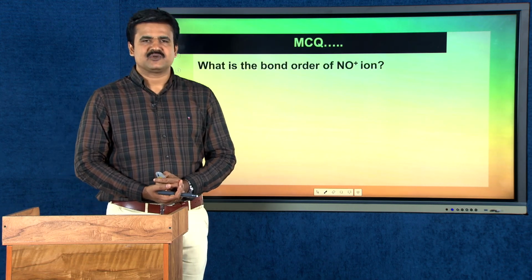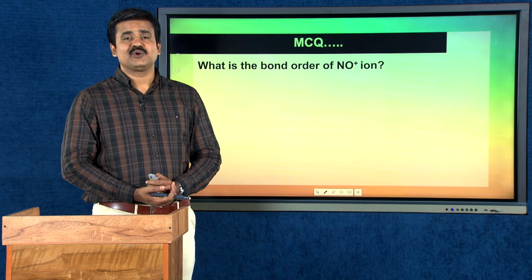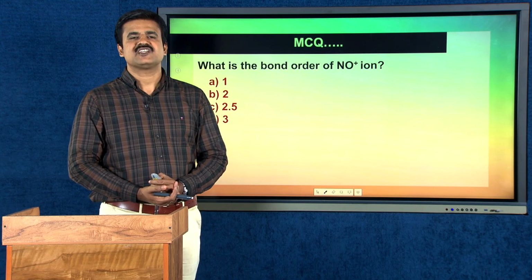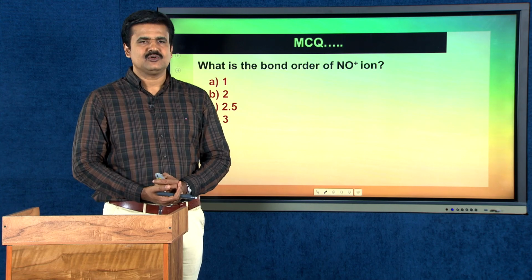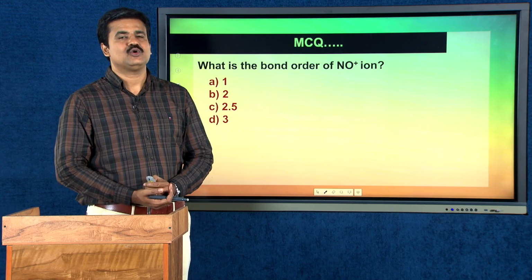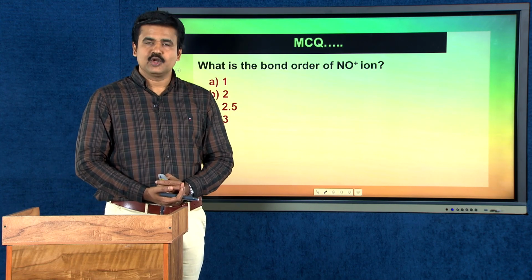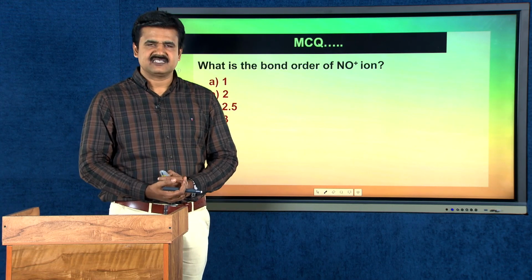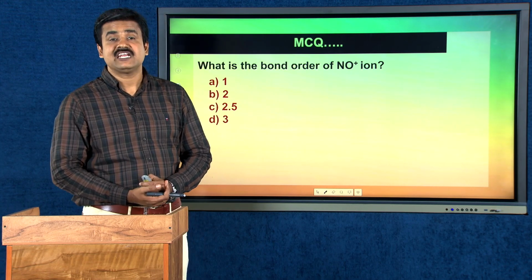Another multiple choice question. What is the bond order of NO plus ion? These are the options. Option A, 1. Option B, 2. Option C, 2.5. And option D, 3. In NO plus, you can consider the fact that there are a total of 14 electrons.